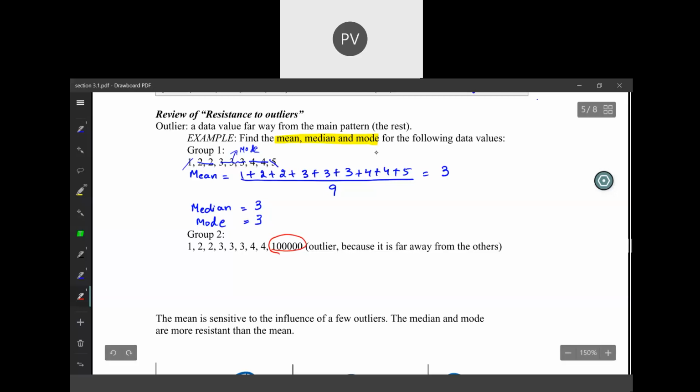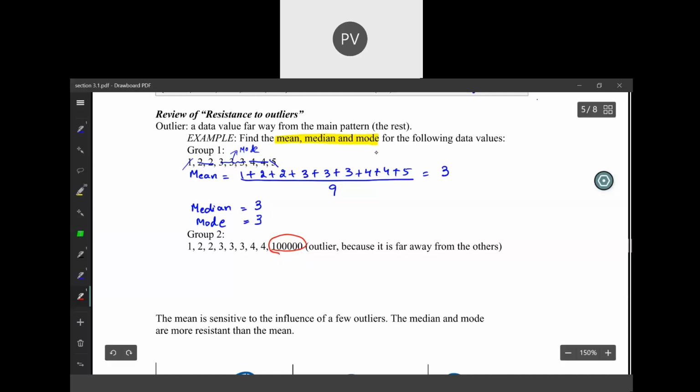It's very large when you compare it with the other data values. So we call that an outlier. Now what if I have 100 in place of 1 lakh? Even if you have 100, it is a very large number when you compare it with 4, so it is still an outlier.